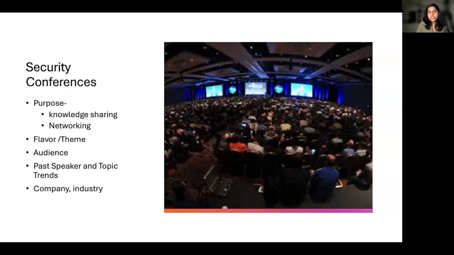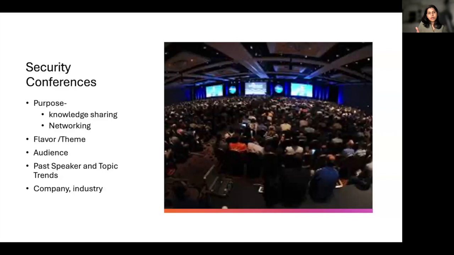For example, if it's security professionals, they are looking for information around not just offensive security research, but also defensive security research and similar areas, right? So you have to look at these kinds of things as well. That gives you an idea of what will be relevant to the conference and to the audience.